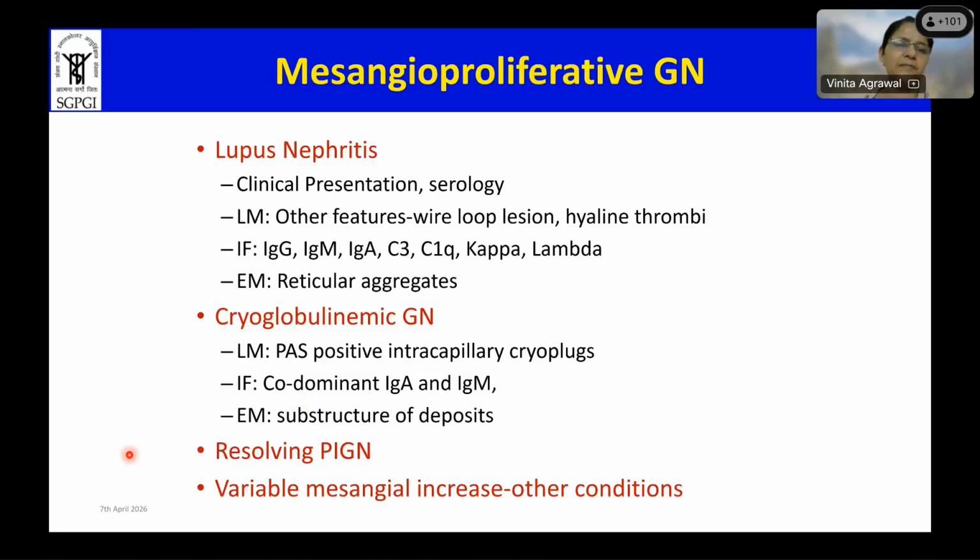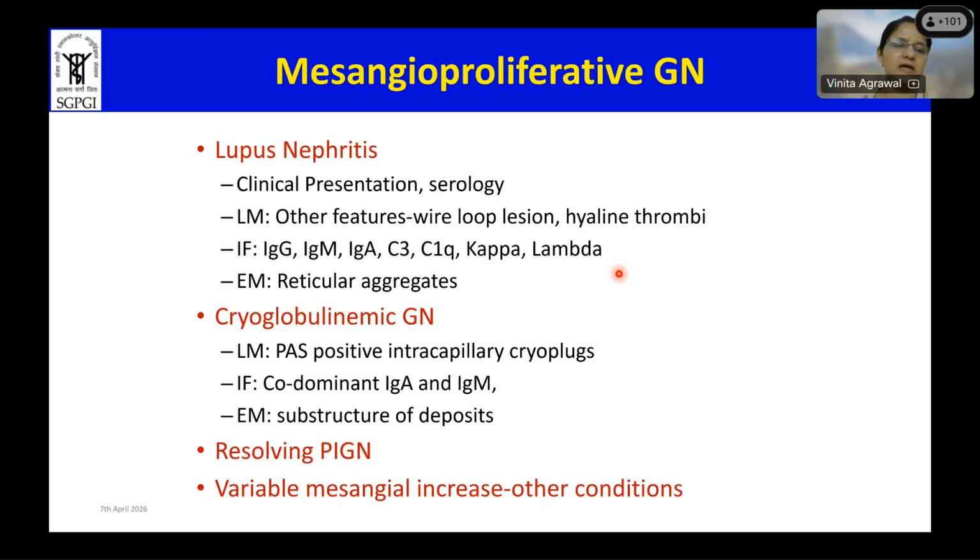So for example, in this case, if it would have been a full house staining for IgG, IgM, IgA, C3, C1q, kappa, and lambda, then I would have started thinking of lupus nephritis. Lupus nephritis class 2 can also have a similar pathology. Always remember that. It is when you integrate all the findings that you make a definite diagnosis.